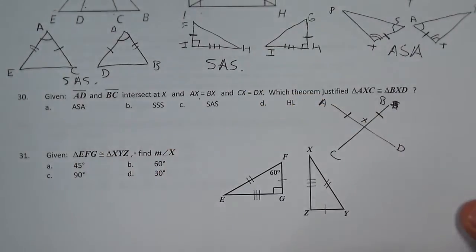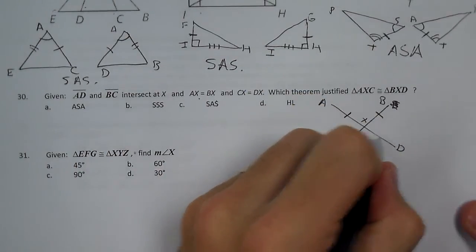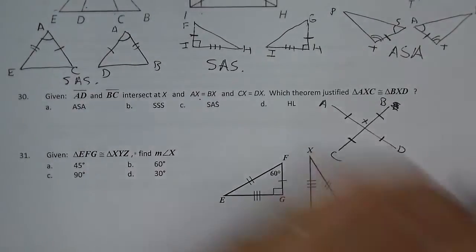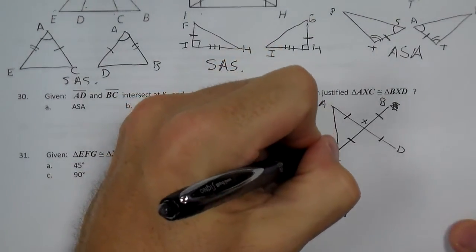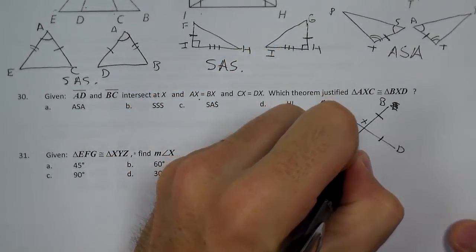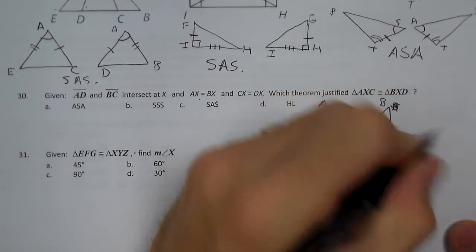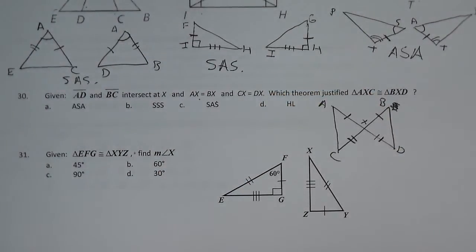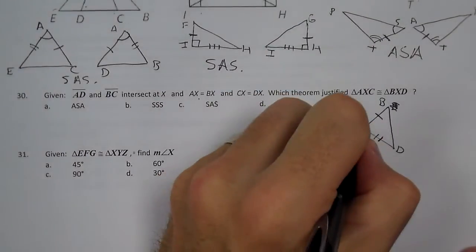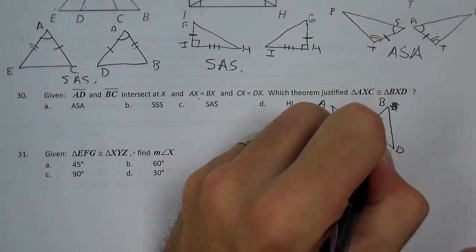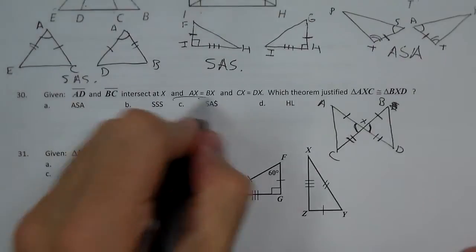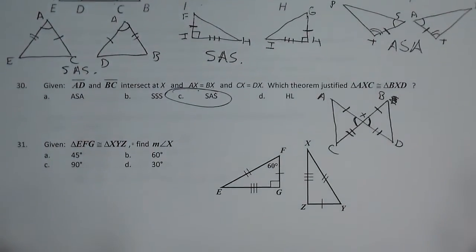CX is congruent to DX, and we have triangle AXC and BXD. So now we got our two triangles, and we need to figure out how they are congruent. Well, we have those two sides, and that's a good start. We don't know that AC and BD are the same, but what we do know is we get vertical angles there, so this will be a side-angle-side congruence.